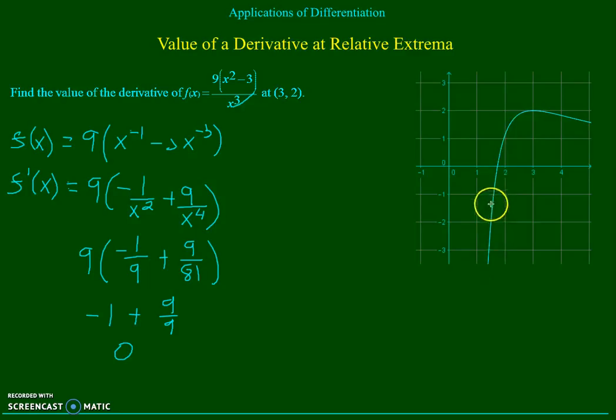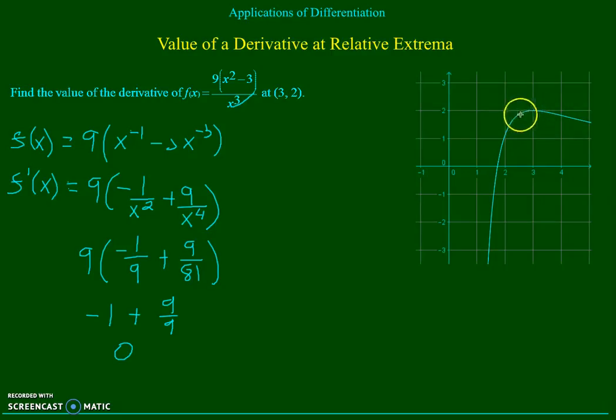So the slope of the tangent line is positive, therefore the function is increasing. When we get to 3, 2, the slope of the tangent line is 0, so the function is no longer increasing. And you can see that just past that point, the slope of the tangent line is going to start turning negative. So what that tells us is the function is going to start decreasing.